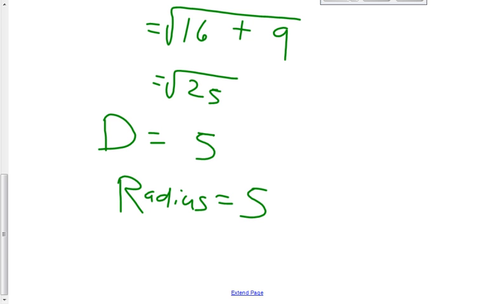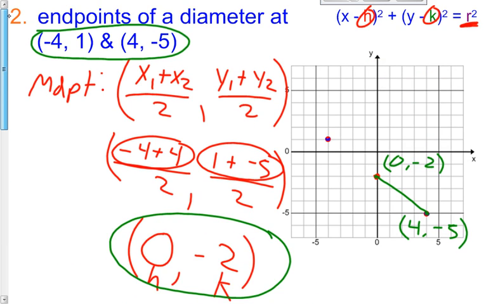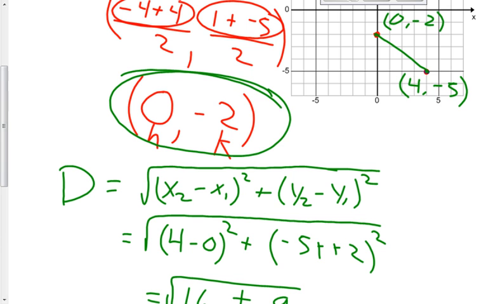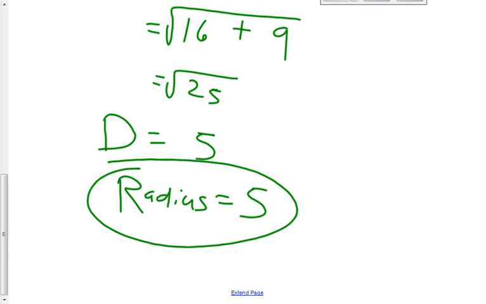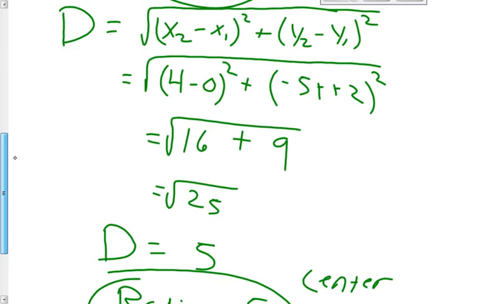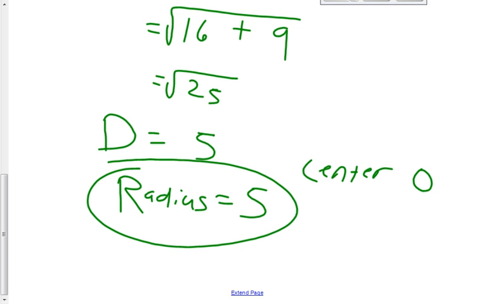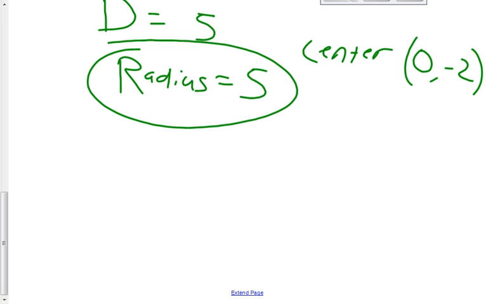All right, let's finish up this question. To find the equation of the circle, we now have HK, and we now have the radius. So once again, the center here was at 0, -2. Your common theme when you do this Excel math objective is always find the center and always find the radius.